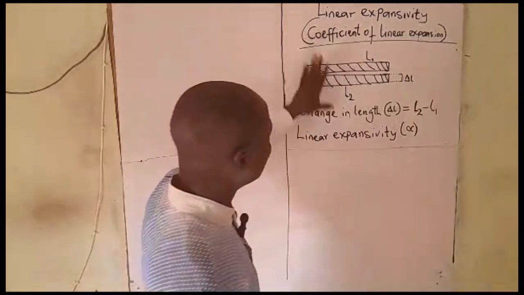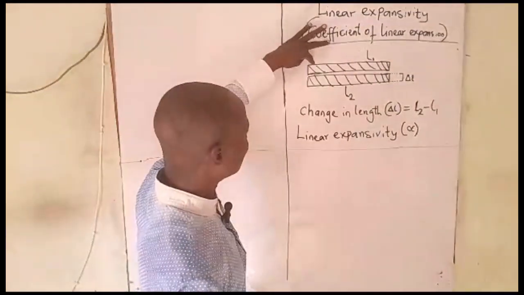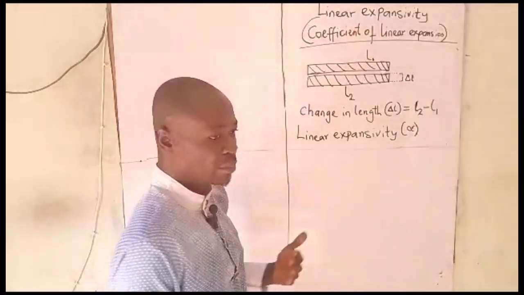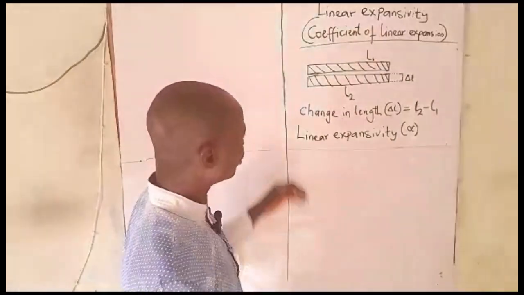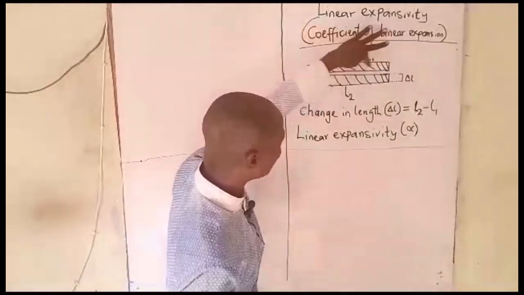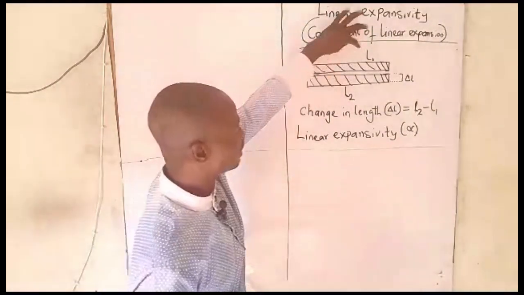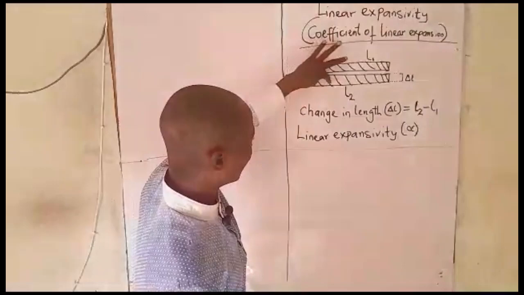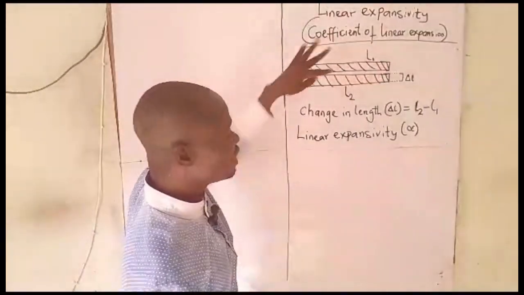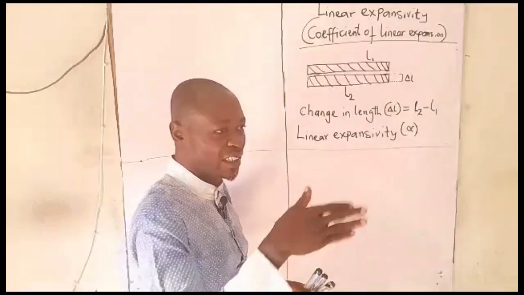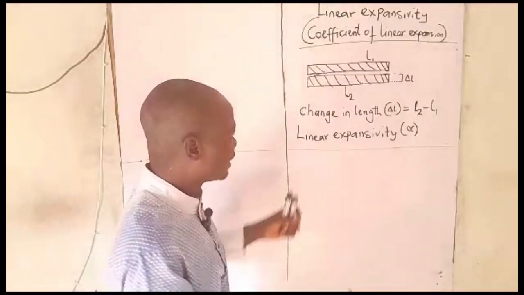So looking at this diagram, we can see that this is the length of a rod. The experiment, we have already done in the class. So what we are saying is that assuming that this is the original length of the rod, labeled L1, and then when the rod is heated, it increases in length, so that it expanded.